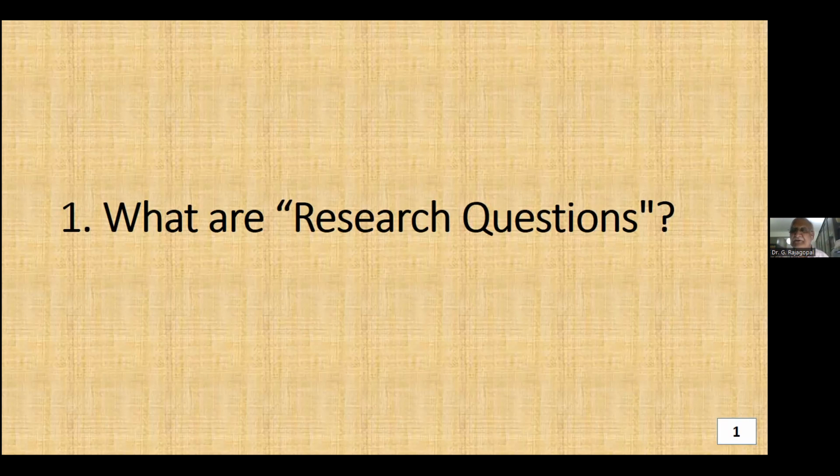How shall I proceed with it? So research questions are very critical not just in giving the end result of the research, but also in giving us something to think about the methodology of conducting the research. We'll come to methodology a little later.